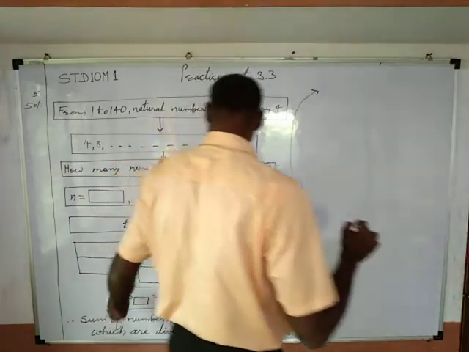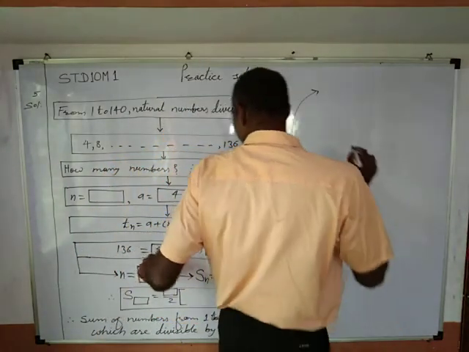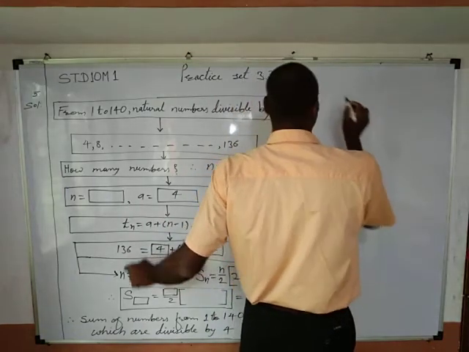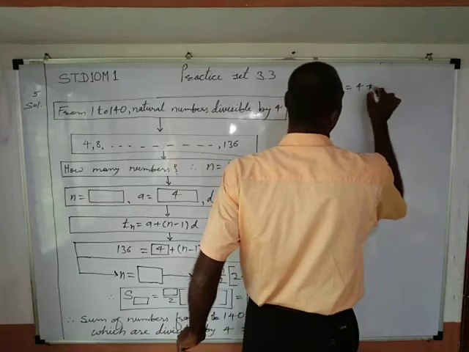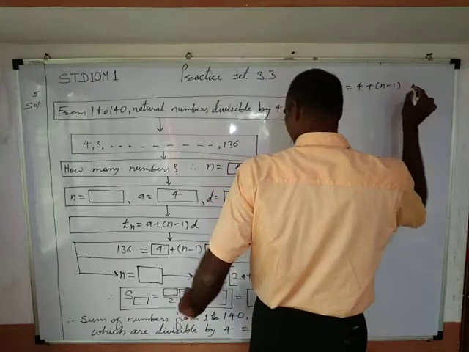On simplification of this equation, we get 136 equals 4 plus n minus 1 into 4.